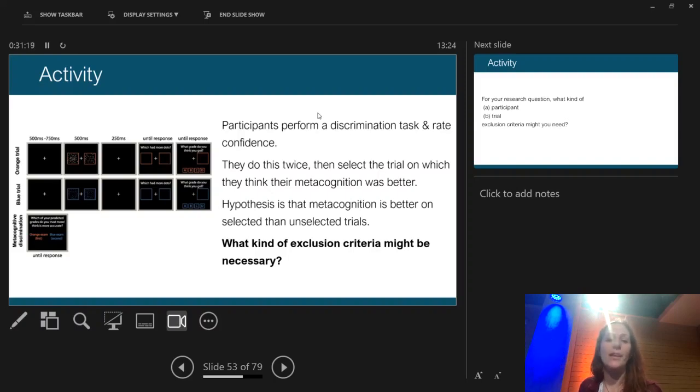Okay, so in a task where people have to compare the number of dots on the left and the right and say which one had more dots, and then you ask them to rate their confidence, and I think this one was done online, what kind of exclusion criteria might you need? So I don't mean the actual numbers, like excluding people who responded faster than 100 milliseconds, but what kind of strange things might you find in this data?